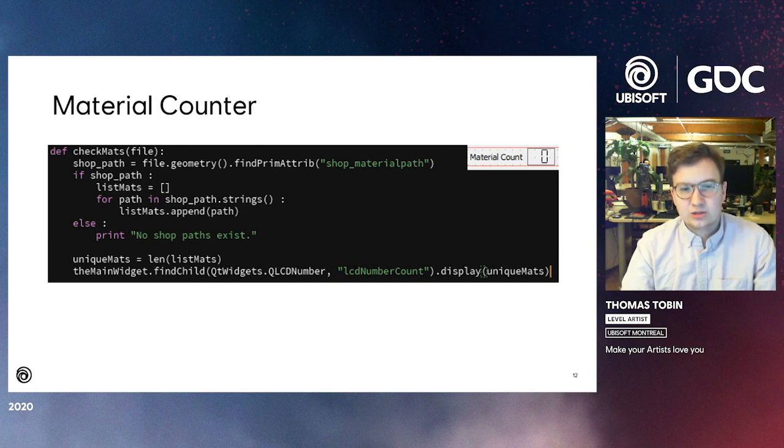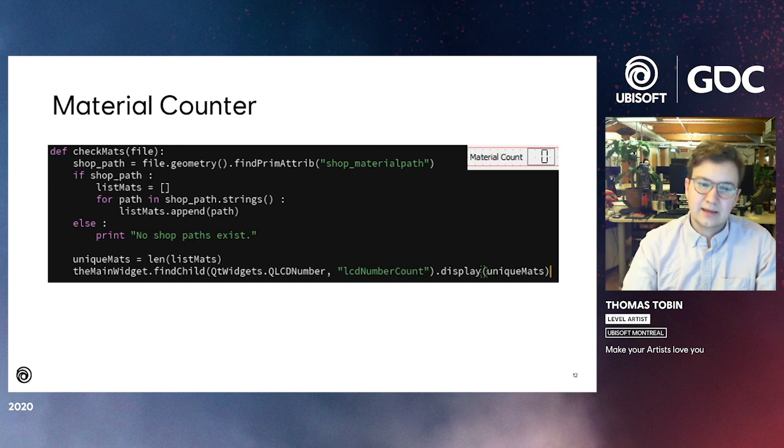And so for each path inside of the strings, shop_path.strings only gives me uniques. So in the end, the list mats gets filled with every unique type of material. From there, I can just count the length of the list of materials, and then the findChild LCD number display allows me to set in the number of that actual material count, as you can see in the top right.